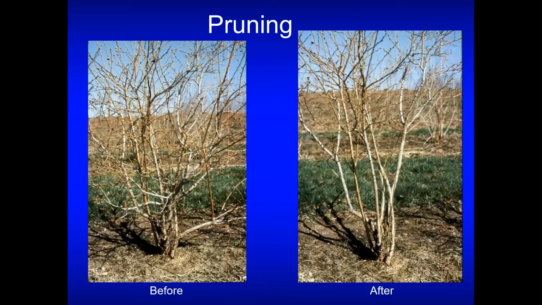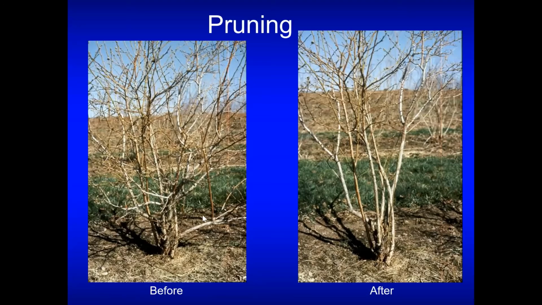So we usually remove those older canes at ground level, because just like an apple tree, if you cut right here, you can initiate growth from the crown, and those buds right at the crown level will sprout and send up new canes.